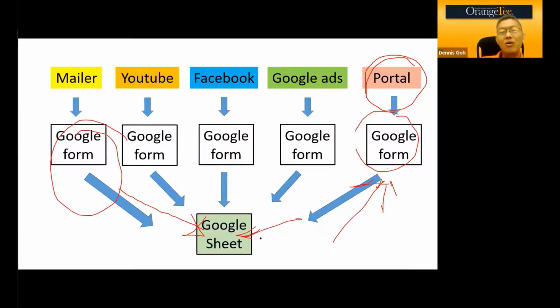Now, what's the advantage here? Anyway, they all go into the Google Sheet, and I can also key in all this data by myself. So the advantage is, first of all, I only need to manage one Google Sheet, and I do not care where my Google forms are. It's not a concern to me.